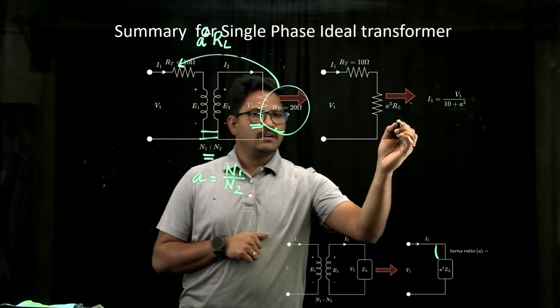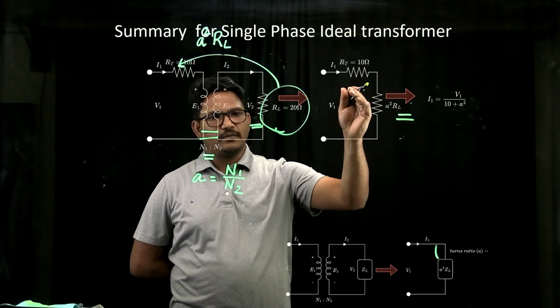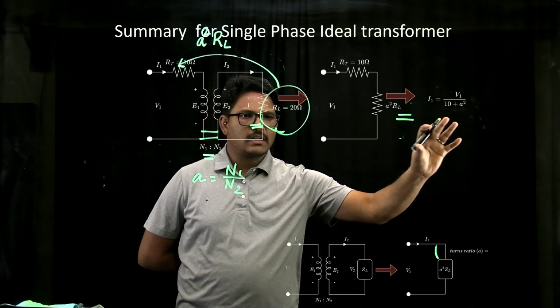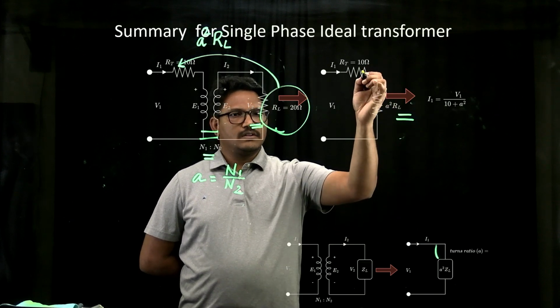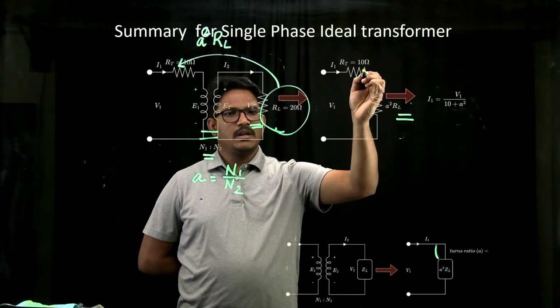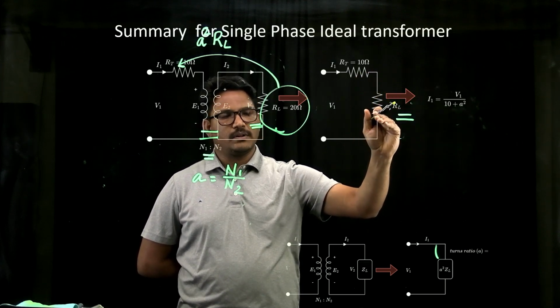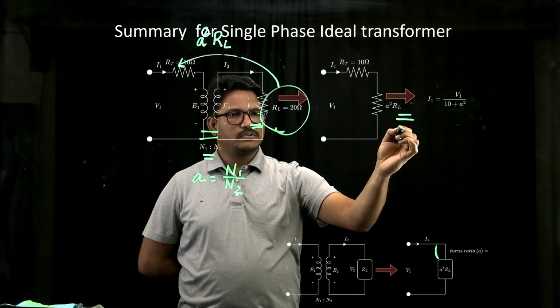That's what we are doing here, where your resistance is moved onto the primary side of the transformer and you don't have a transformer, and your series resistance, which is already on the primary side, remains same, but whatever the resistance brought from the secondary side referred to the primary will be A square times of RL.